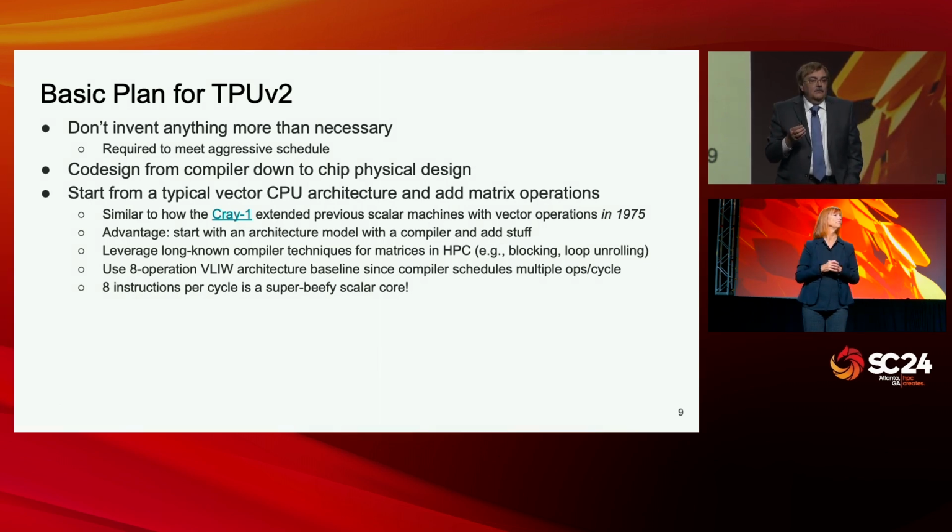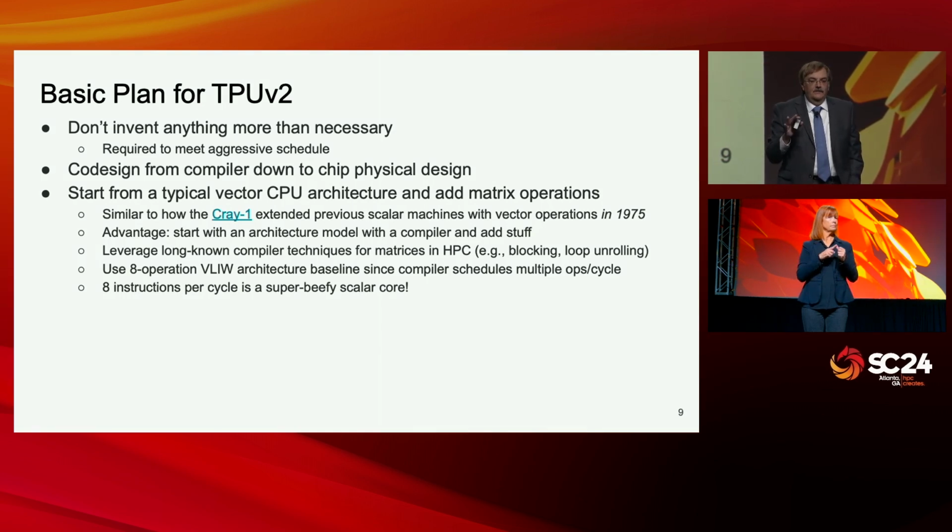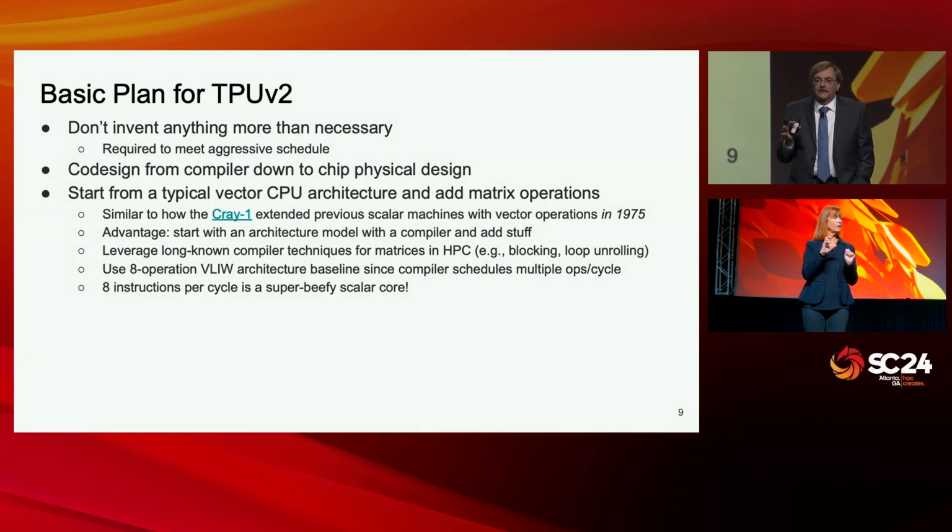So we wanted to start from a typical vector CPU architecture and add matrix operations. And I'll explain why that is in the next couple of slides. First, it's similar to how the Cray 1 extended previous scalar machines with vector operations in 1975. And you may notice that I put certain things in italics, like in 1975, and also the systolic arrays from the 1970s.